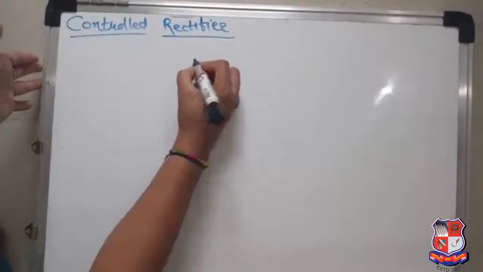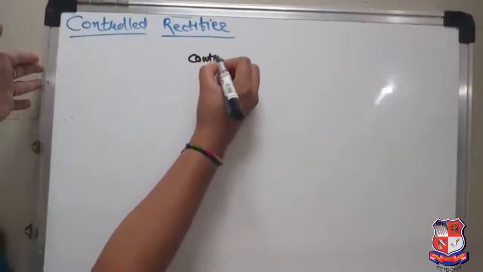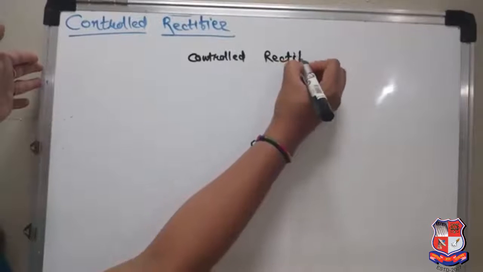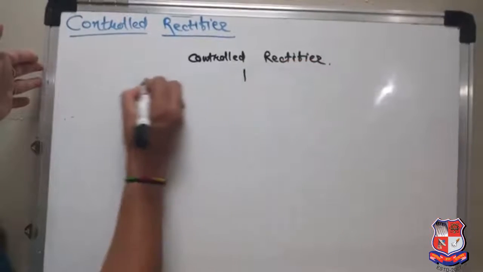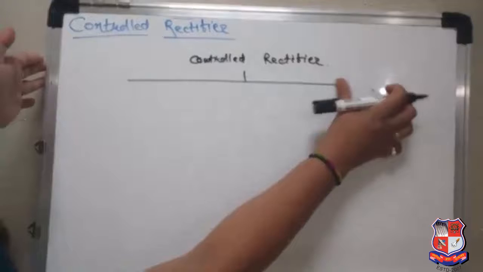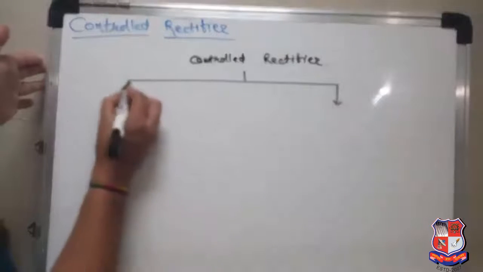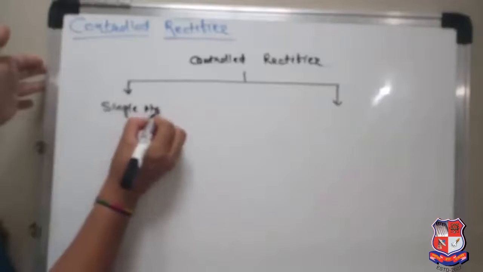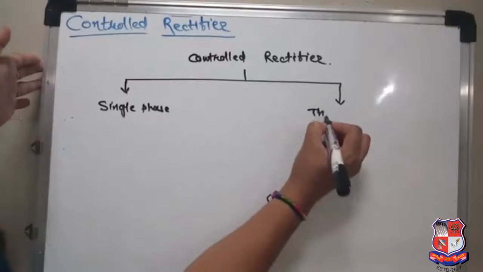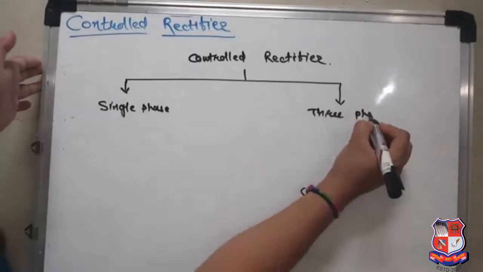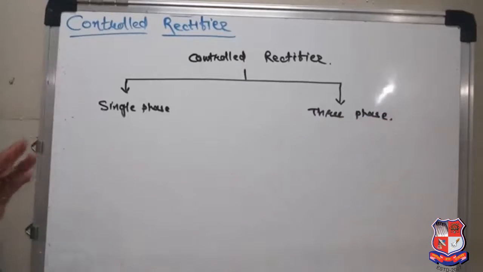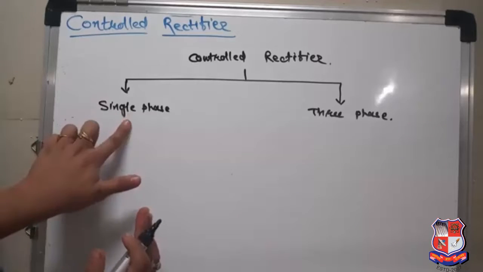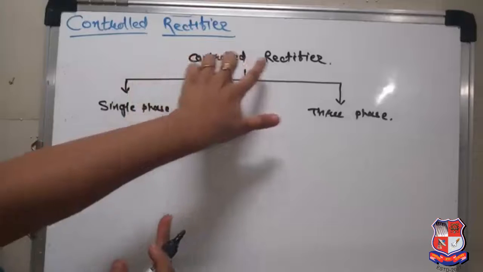So a controlled rectifier is classified based on the input supply used: single phase and three phase. If at the input side you are applying a single phase AC, then the rectifier is called a single phase controlled rectifier.